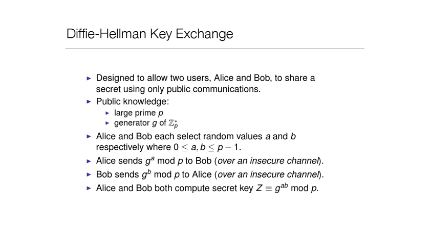Based on this discrete logarithm problem, one of the famous building blocks of cryptography is built, which is the Diffie-Hellman primitive. We call it Diffie-Hellman key exchange because it is used very widely as the base for key exchange protocols. I think you have sometimes heard about this Diffie-Hellman protocol. It is designed to allow two users, Alice and Bob, to share a secret using only public communications.